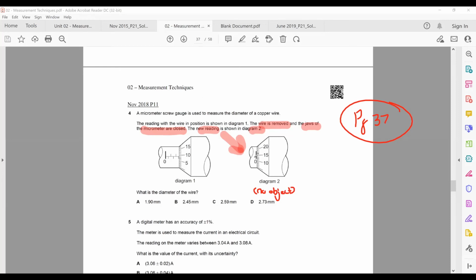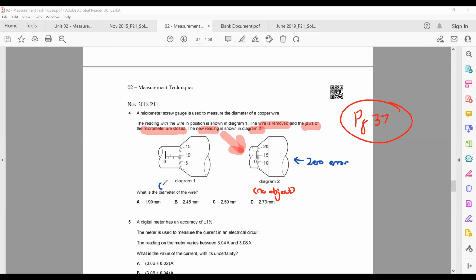But with no object, you notice that the zero of your rotating scale is nowhere aligned with the zero of your main scale. See, this is the zero of your main scale, but the zero of your rotating scale is nowhere near it. There's zero error here.